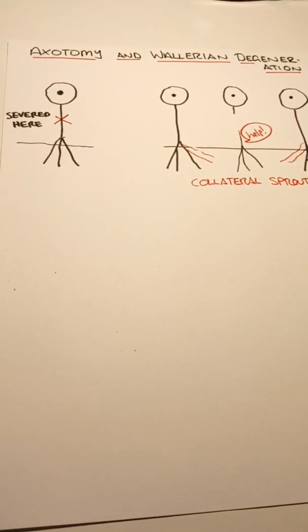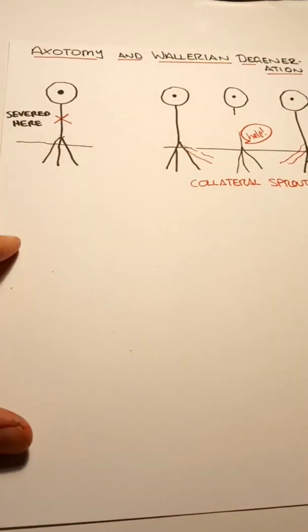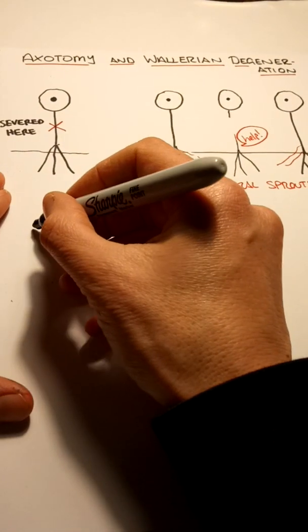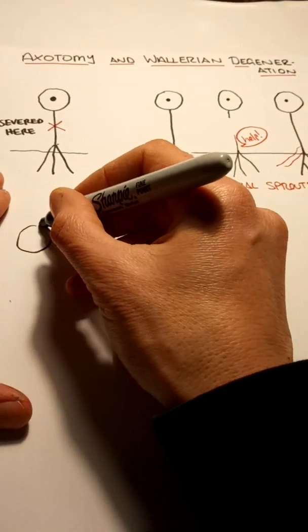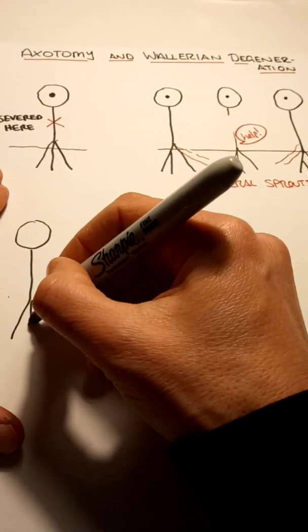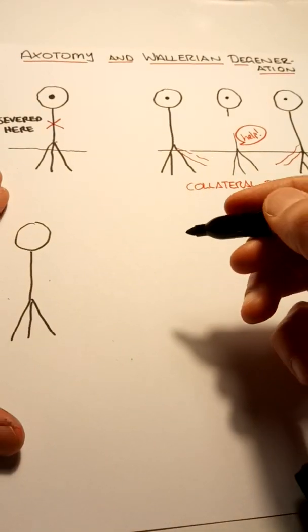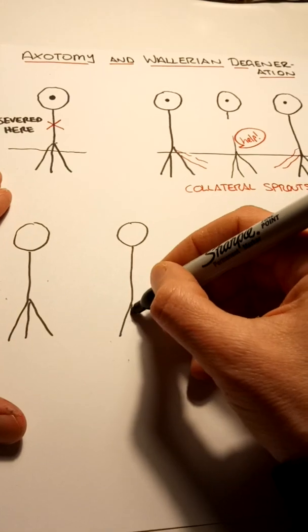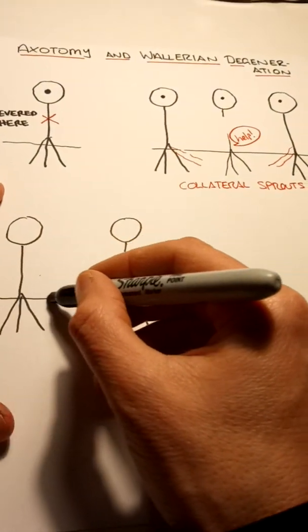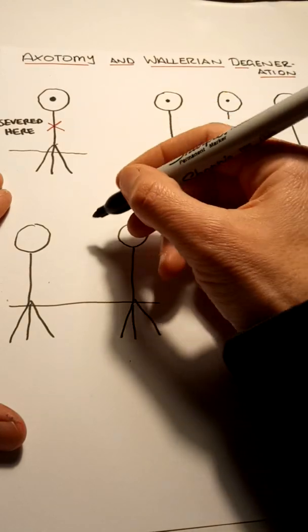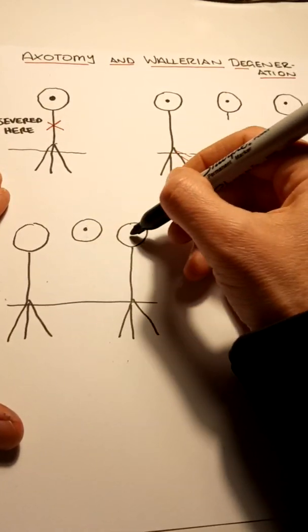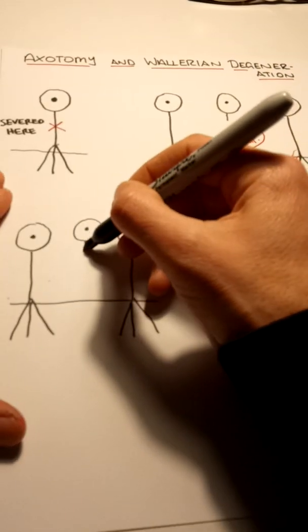However, those collateral sprouts actually, although they tried, they failed. So we have our three amigos again. Another amigo here. Okay, and then this chap in the middle, the severed one in the middle.